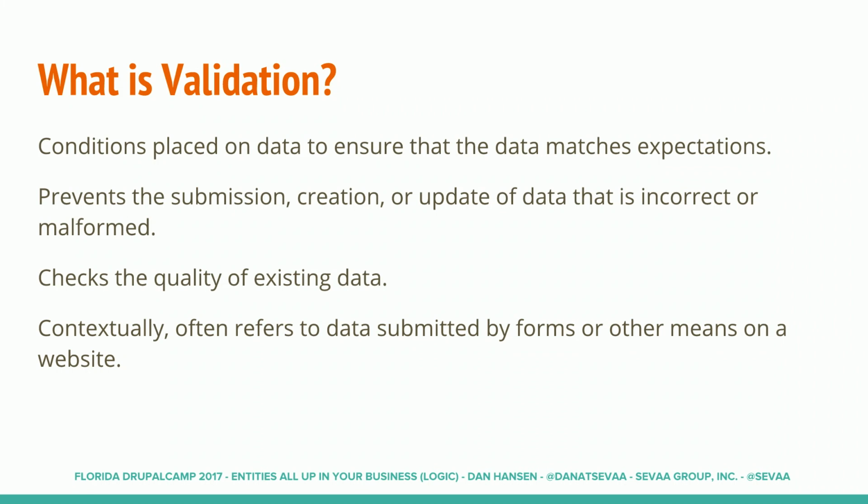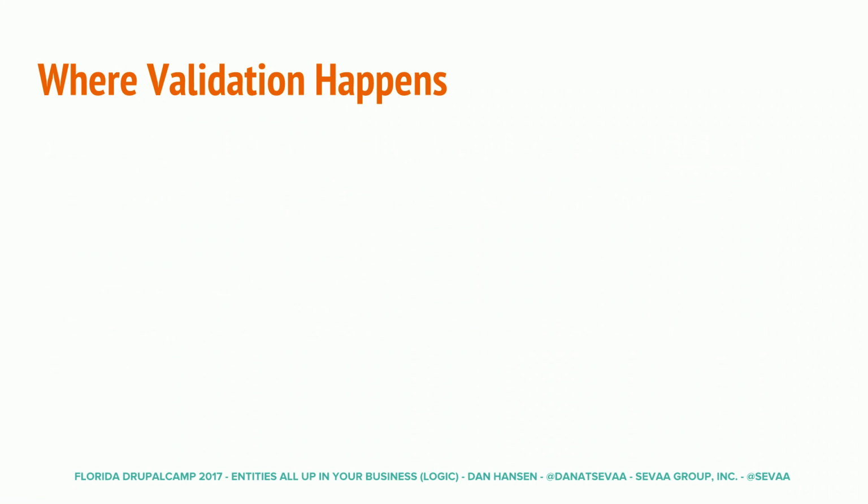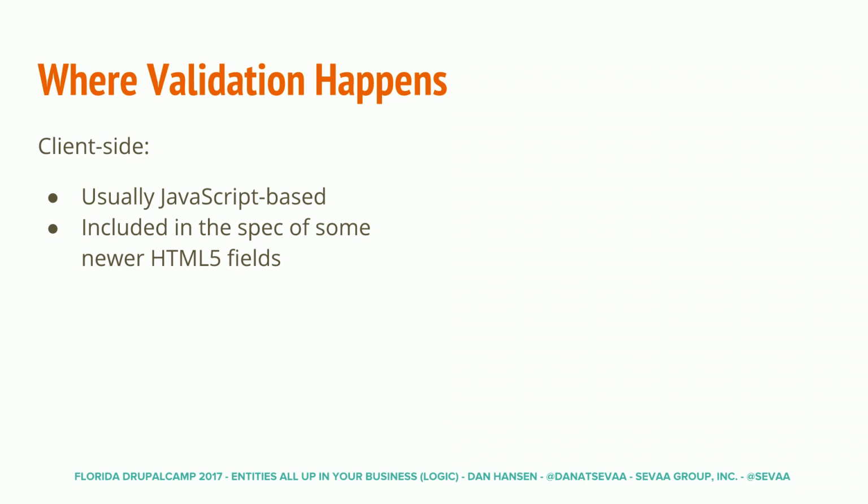Contextually, as far as Drupal goes, we're basically referring to data submitted by forms or other means on the website. And we'll get to what I mean by other means in a second. Where validation happens. Client-side, hopefully you have an idea of the difference between client-side and server-side, but client-side validation is usually JavaScript-based. It's included in some of the spec of some of the newer HTML5 fields.